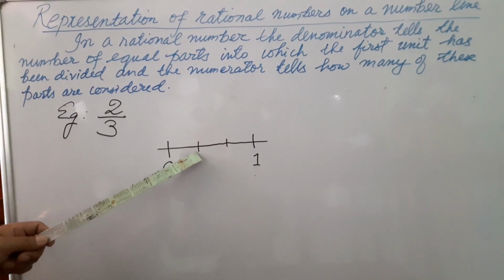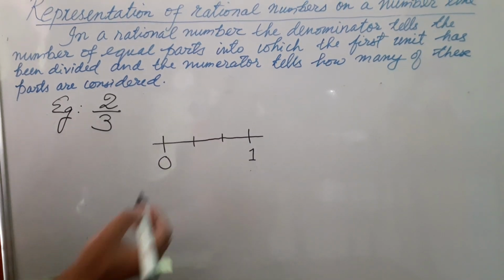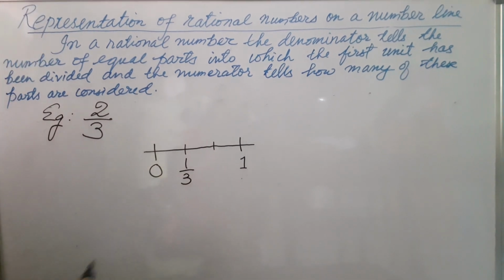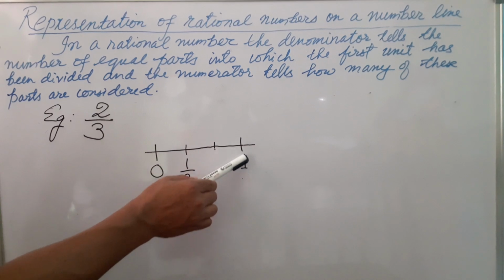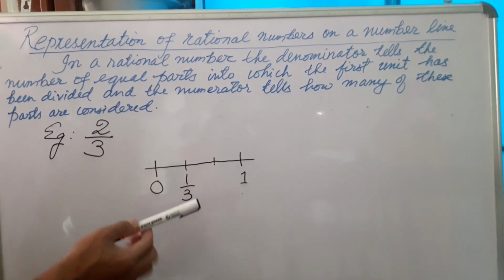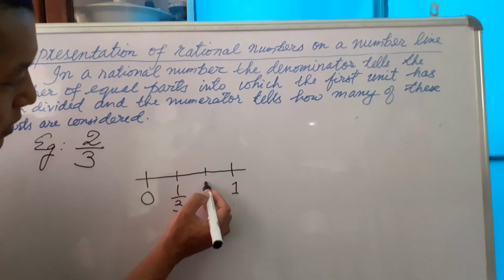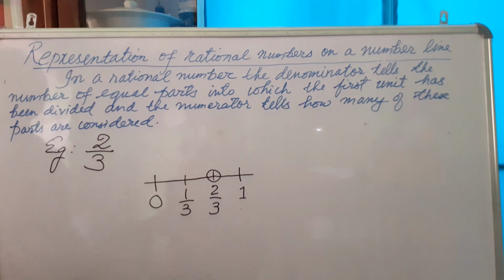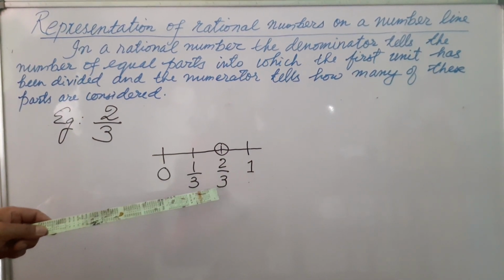This will be the first part and this will be the second part. First part can be written as 1 by 3. This means out of this 1, 2, 3, it is 1 part, and this is 2 parts, so here you can take 2 by 3. This point represents a rational number 2 by 3.